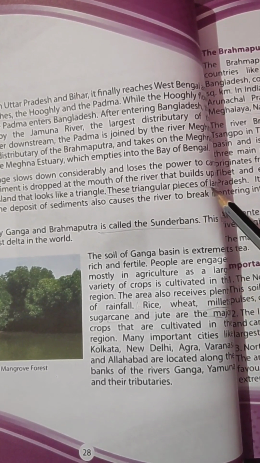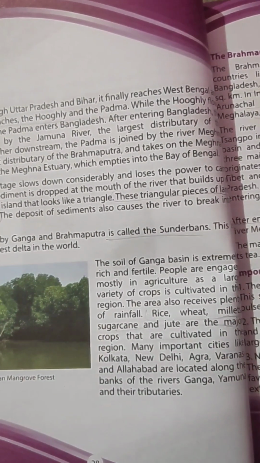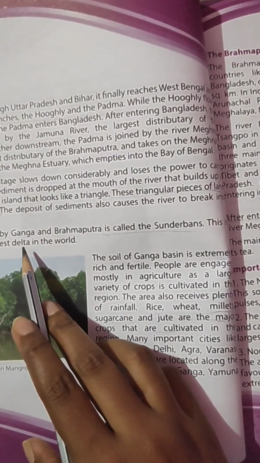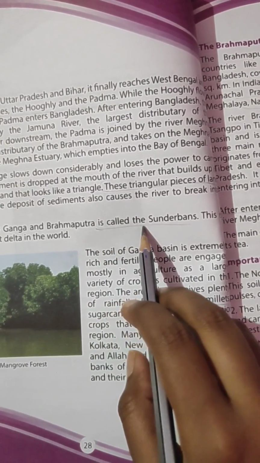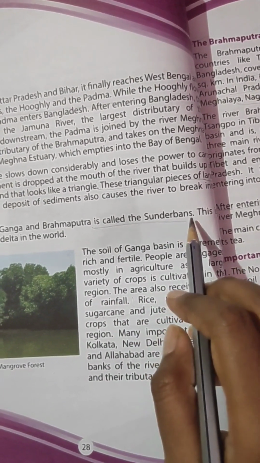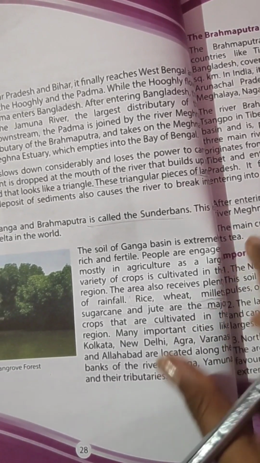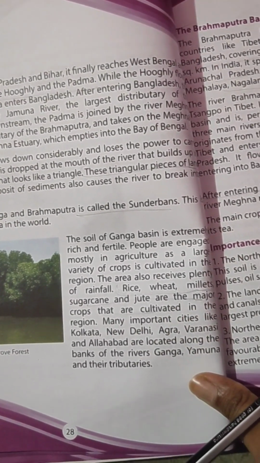These triangular pieces of land are called delta. The delta made by Ganga and Brahmaputra is called Sundarban. We all know about Sundarbans, right? This is part of the largest delta in the world.